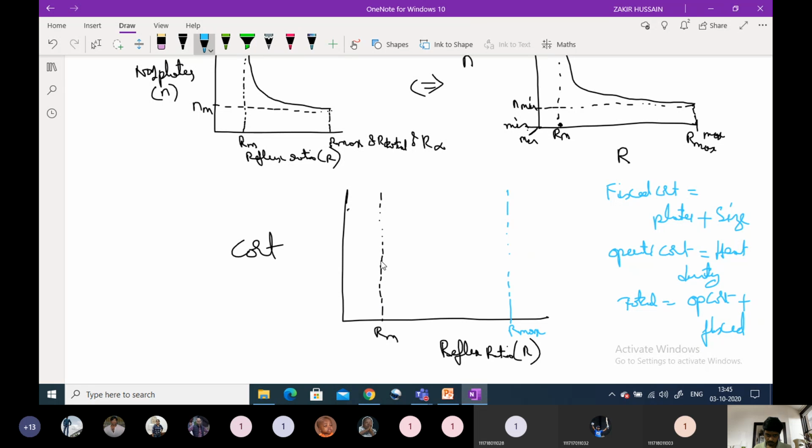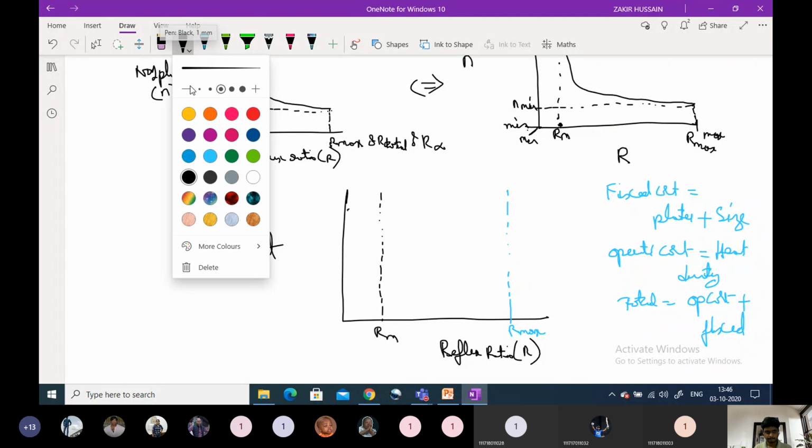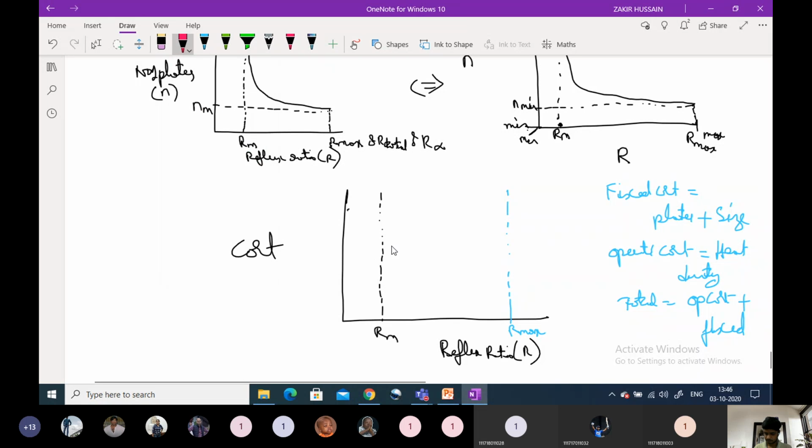So this is the minimum reflux ratio line, this is the maximum reflux ratio line. If you see fixed cost at minimum reflux ratio, the required number of plates will be very high. So because of these plates, the cost will be high.